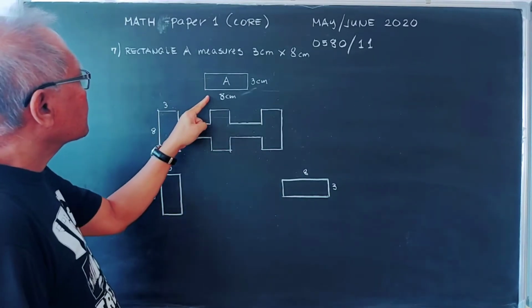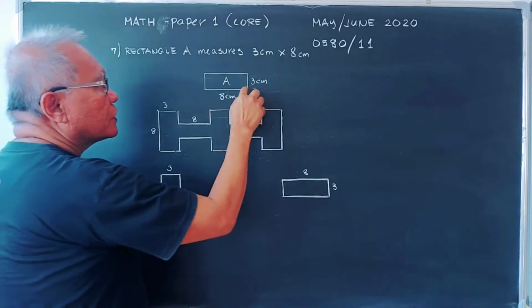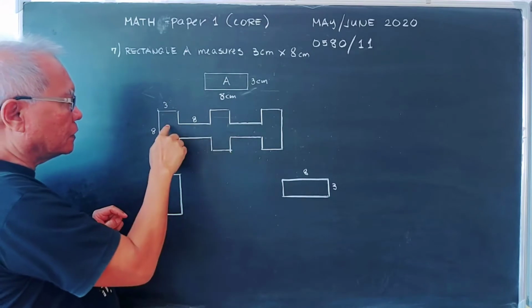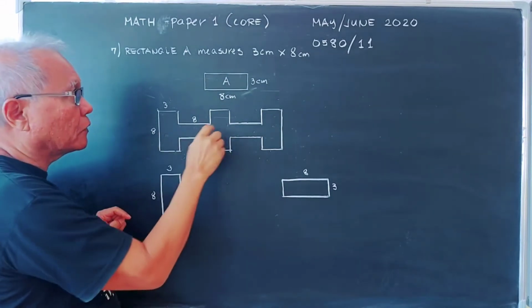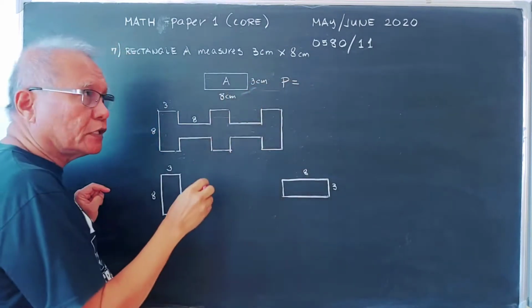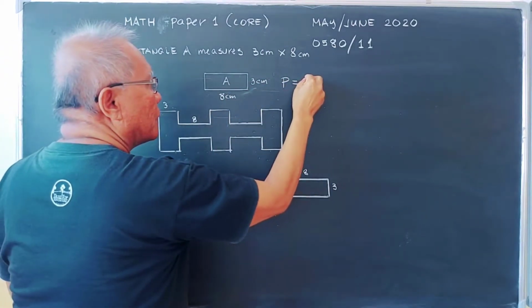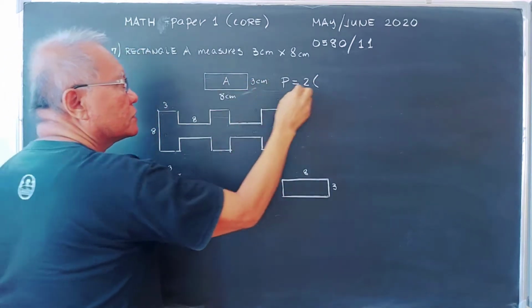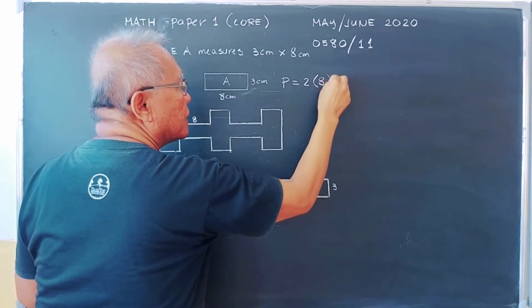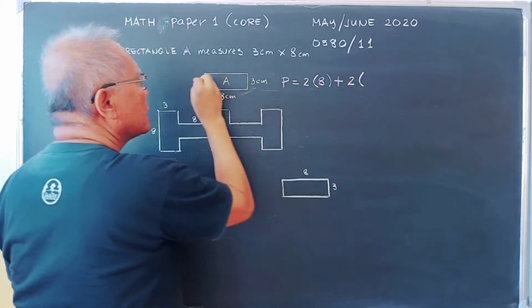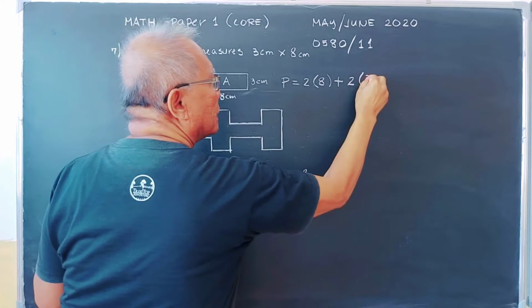So here, class, let us first find the perimeter of one of the figures. Anyway, they are all the same, they are all equal. The perimeter of this figure is 2 times 8, because we have 8 here also, plus 2 times 3 also here.